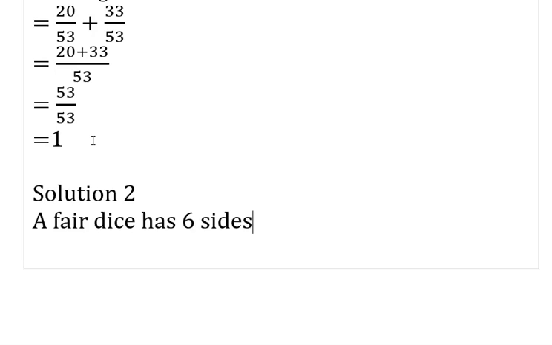Now, because we are being told that we should find the probability of obtaining a 4 upward with 3 throws, that means this fair die, we are throwing it up 3 times. So what is the probability of obtaining 4 upward? So we are going to do it for the first throw, for the second throw, and for the third throw.